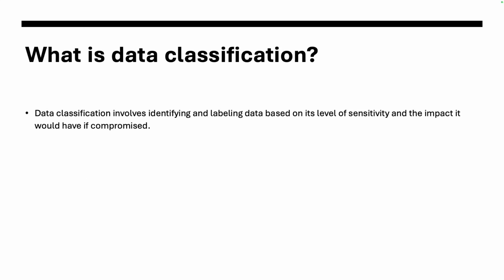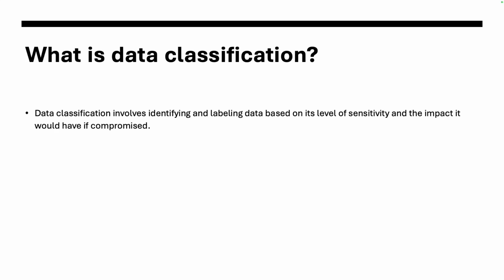Next, what is data classification? The very short answer is data classification involves identifying and labeling data based on the level of sensitivity and impact if it is to be compromised.